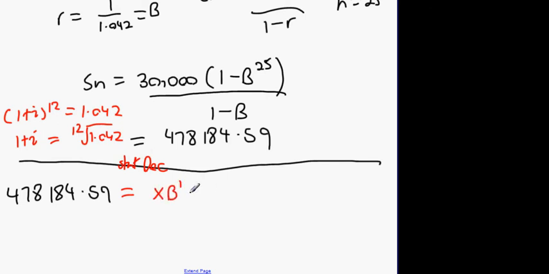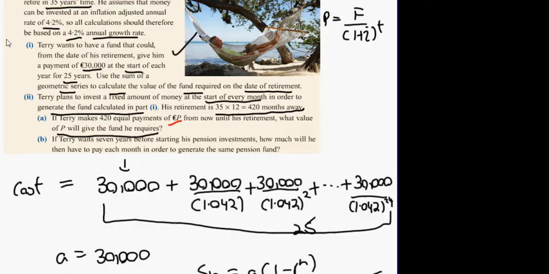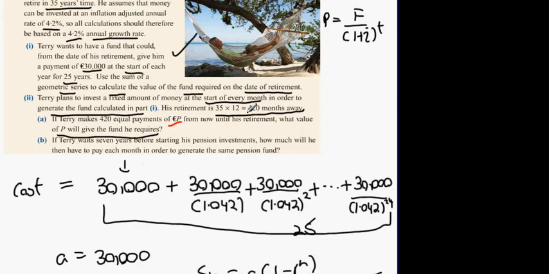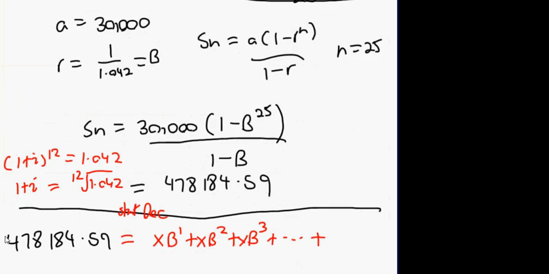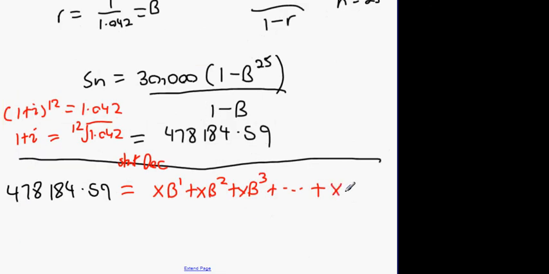So it'll be PB1. The payment before that will be PB2, accumulating 2 months. PB3 will be the third payment, accumulating 3 months. Now, if we go to the very end, his very first payment is 420 months away, so it will accumulate 420 months' worth of interest because he put it in at the start of the month. Okay?